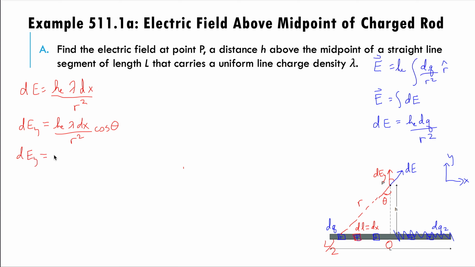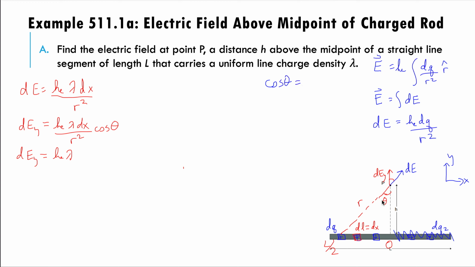We know that k_e and lambda do not depend on x, but cosine of theta and r squared do depend on x. So let's go to the side here, and let's rewrite cosine of theta. Let's actually write it a little bit over here so we have more room later.